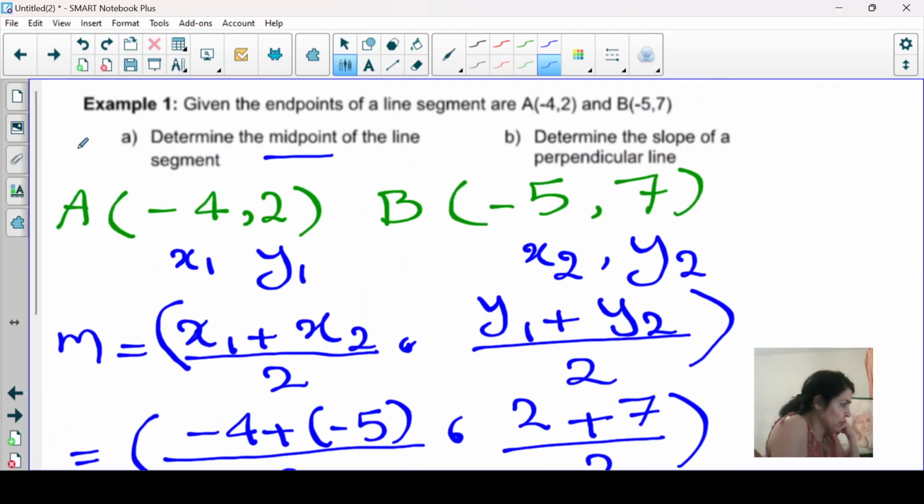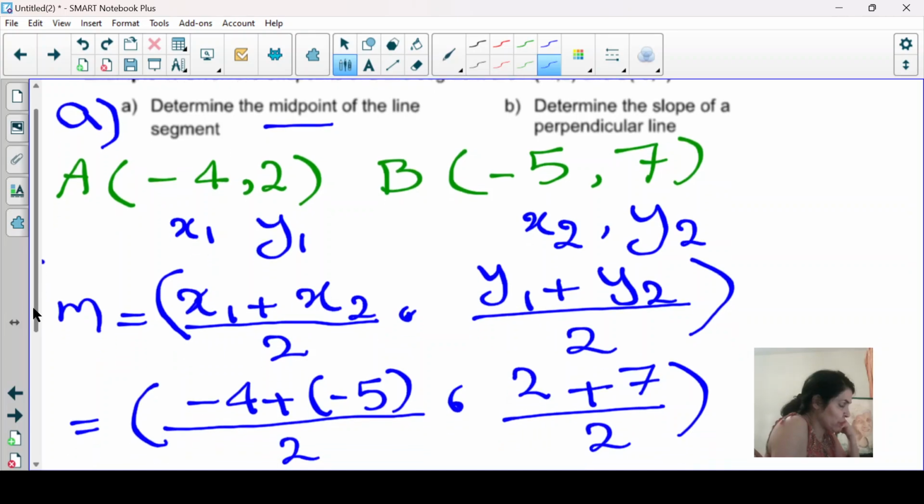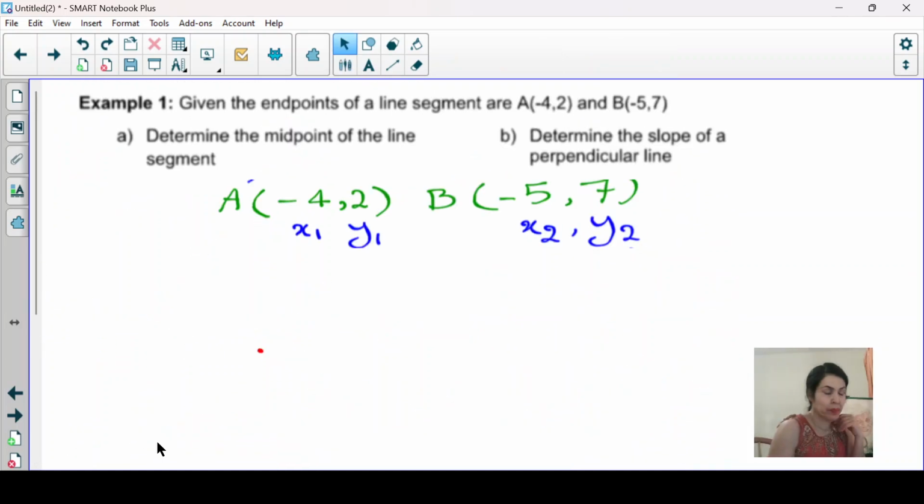So this is the answer for part A. Now we do part B: determine the slope of the perpendicular bisector.